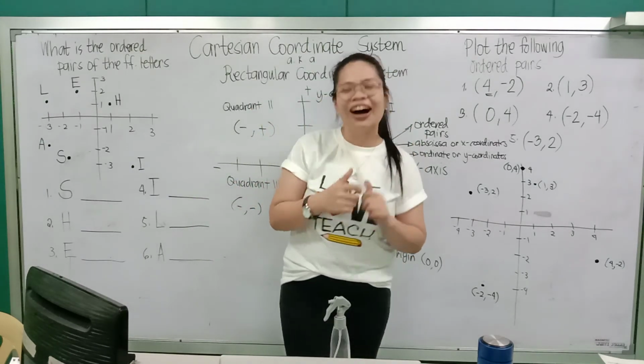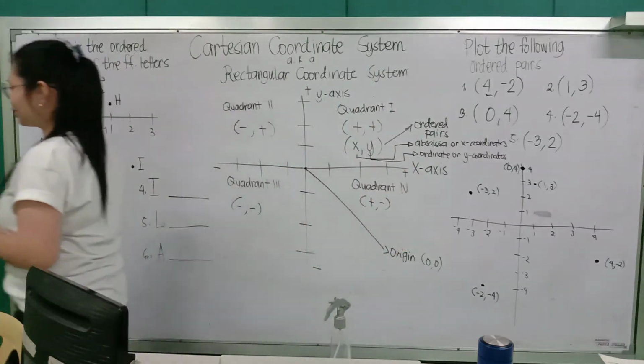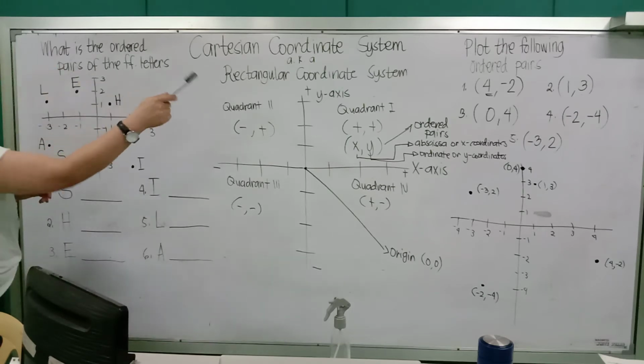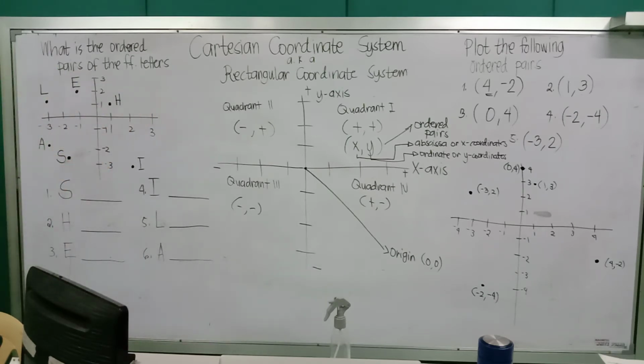Naintindihan? Alright. So, this one naman at last part. So, what is the ordered pairs of the following letters? So, hahanapin natin yung ordered pairs ng bawat letters. So, simulan natin sa S. So, this one is si S at ang X niya, okay, laging tandaan, unahin lagi natin si X bago si Y. Okay?